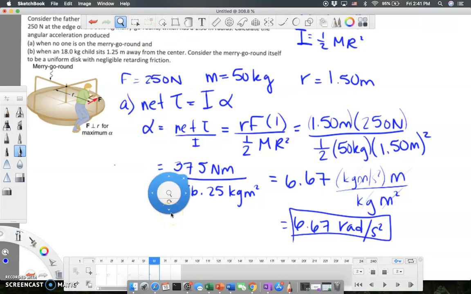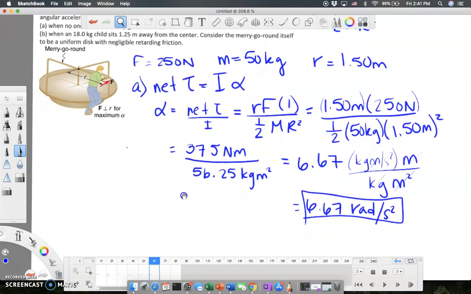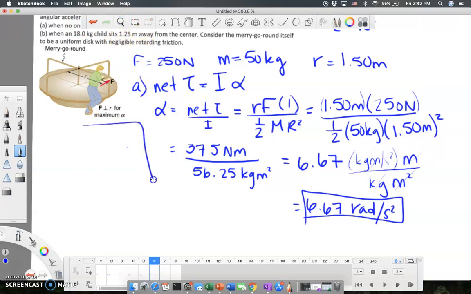All right, so the second case is going to be when we do have a child on it. It is a child with 18 kilograms of mass sitting 1.25 meters away from the center.